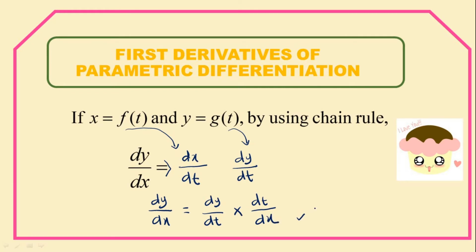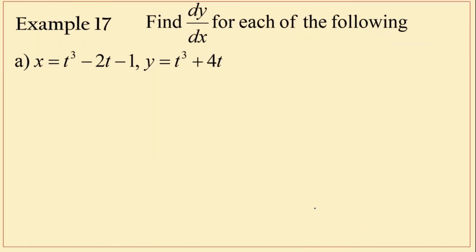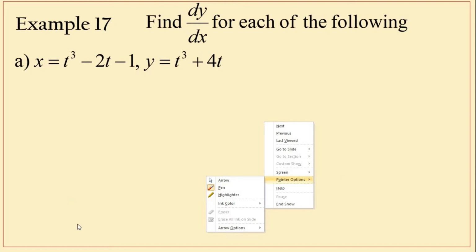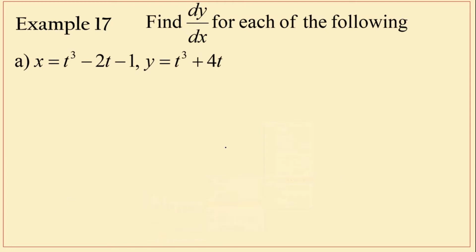Let's proceed with some exercises to check our understanding. Example 17, we have to find the first derivative. We have to find dy/dx for each of the following. Part A, we have x equal to t cubed minus 2t minus 1, and y is t cubed plus 4t.